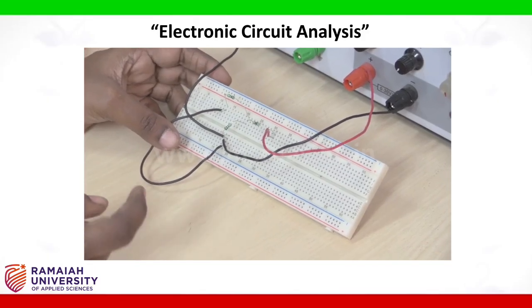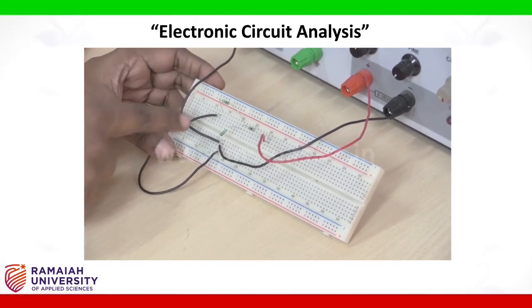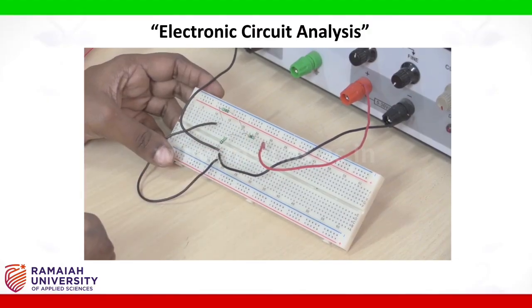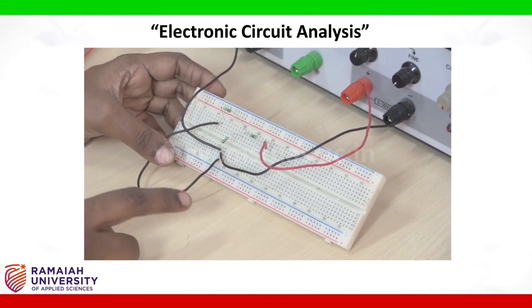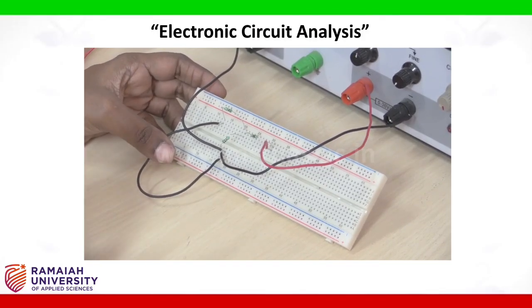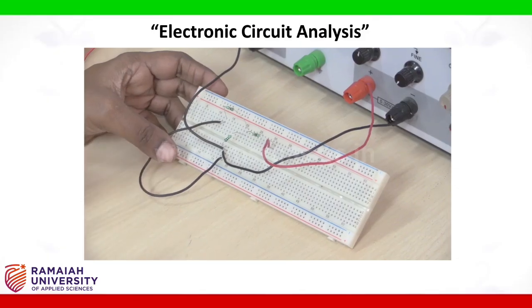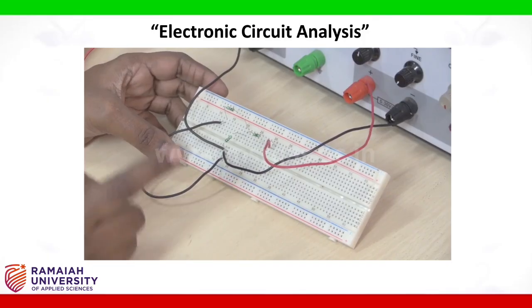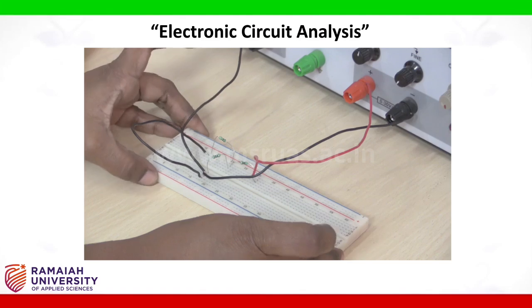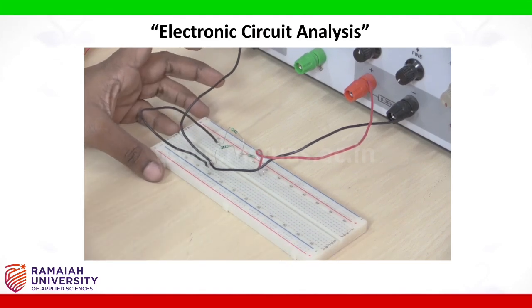Set 3, we have currents when source 1 is shorted and source 2 is present. Verification of superposition theorem will show that the readings of set 1 are equal to summations of set 2 currents with set 3 currents. This completes verification of superposition theorem.